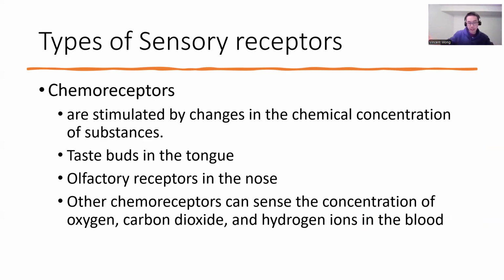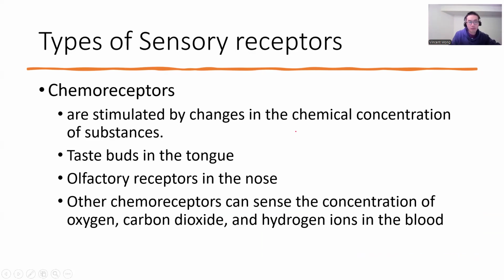There are different types of chemoreceptors dedicated to detecting different types of chemicals. So in the taste buds of the tongue, we have receptors for sodium. That would be the sensation of saltiness. We have taste buds for sugary stuff, taste buds for bitter stuff. So all those are examples of chemoreceptors.